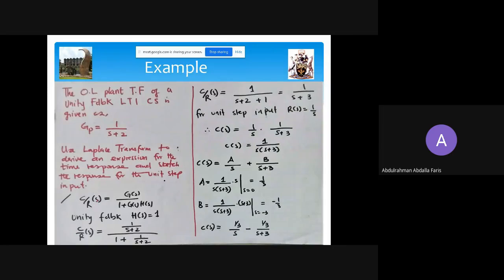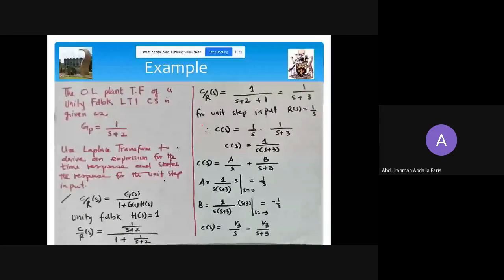So you need to get C(s). You know that C(s) over R(s) is G(s) over 1 plus G(s) times the feedback. Your unity feedback is 1, so you plug in 1 there, and you know G(s) is given by that, 1 over s. You rearrange this and you end up with 1 over s plus 3.